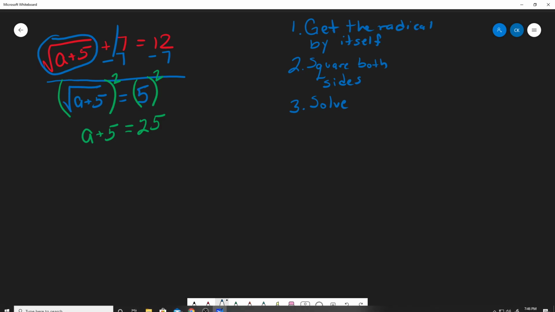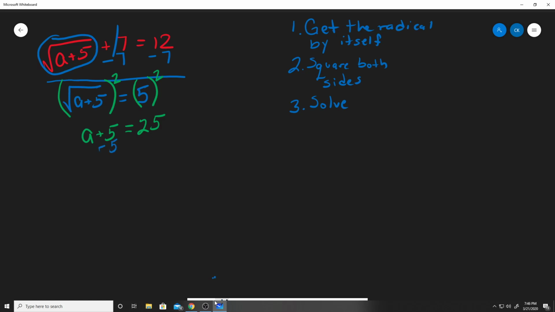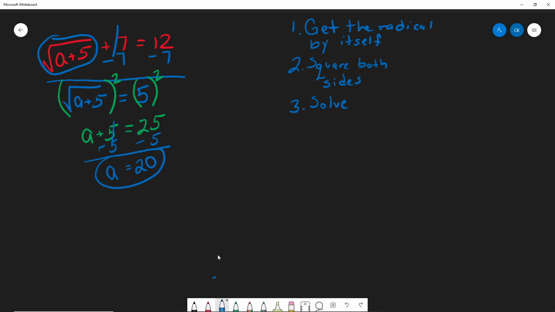Get the variable by itself. So if I want to get the variable by itself here, I'm going to just subtract 5 from both sides. This will cancel out. So I'll be left with a is equal to 20. So my answer here would be a is equal to 20.